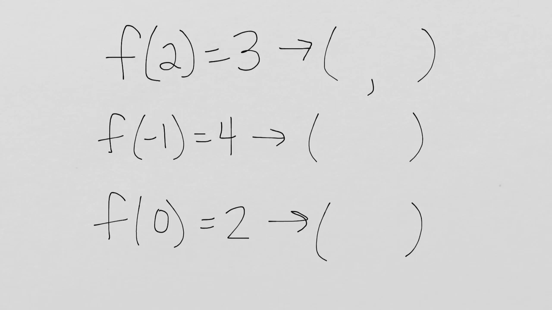So the first thing I want to hit on is this notation that we were just talking about. What's inside the parentheses is your input, and what's outside is your output, what comes out once you put that number in. And so you know that ordered pairs, that's an x and a y. Well, input's another way to say x, output's another way to say y.